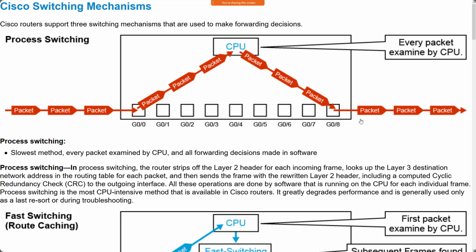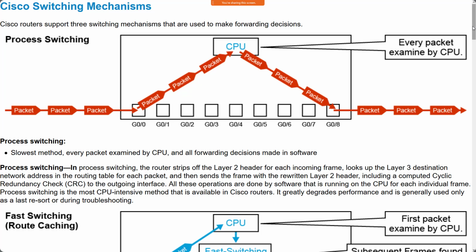And we have to switch that traffic through the CPU. Even though it's part of a flow of traffic that already exists, that we've already identified, we have no caching mechanism built into the device to be able to cache that information, so we simply do what we call process switching. All right? Certainly the slowest method of switching.